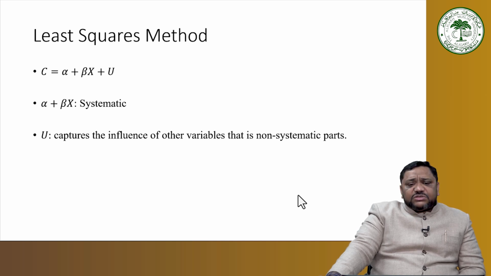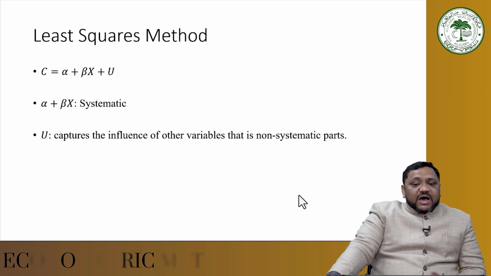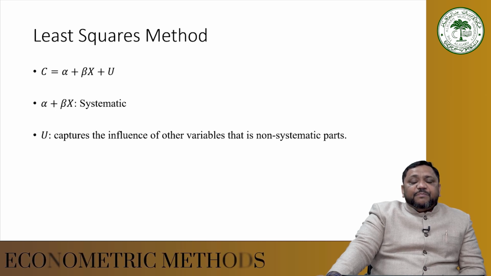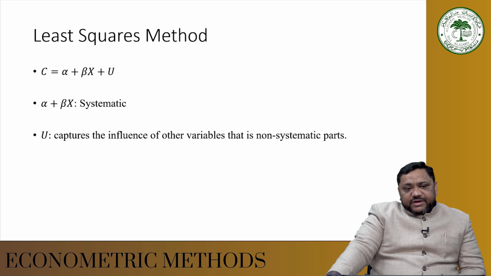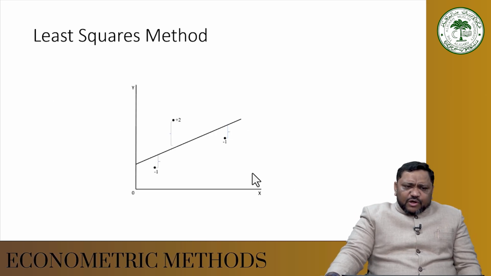From this non-systematic relationship, we have to find the systematic part. So the idea is to fit a line which will be the best representative of the data. We have a picture in front of us.